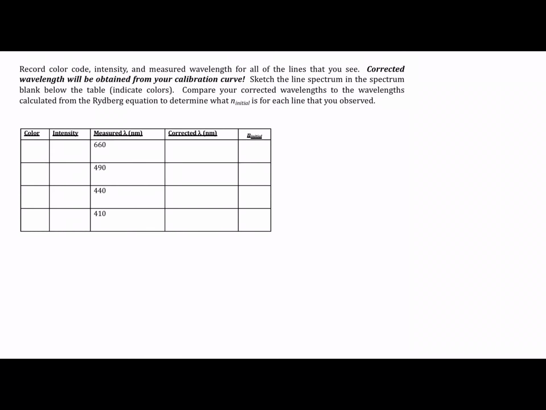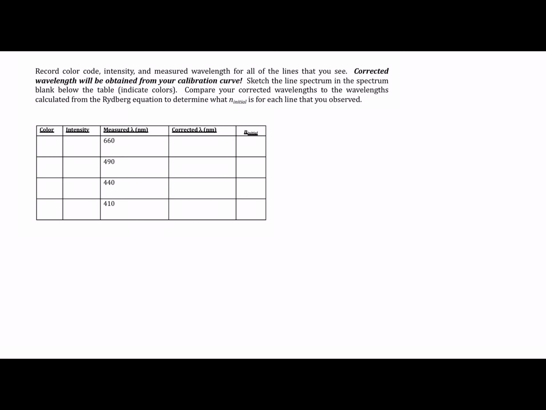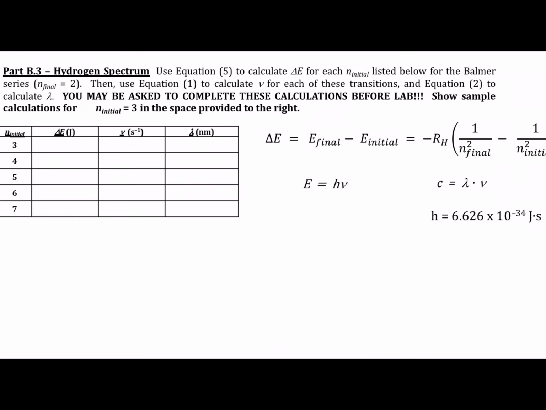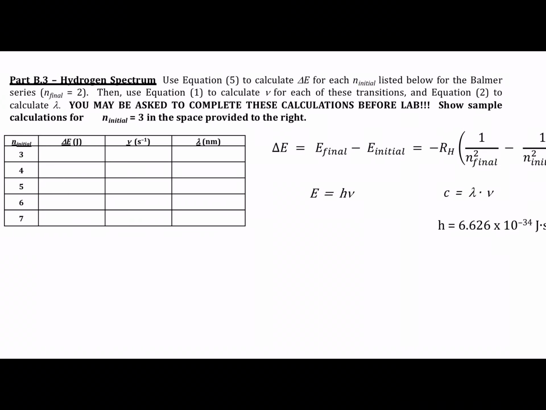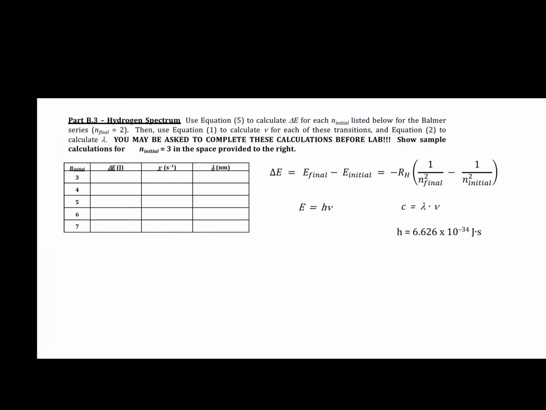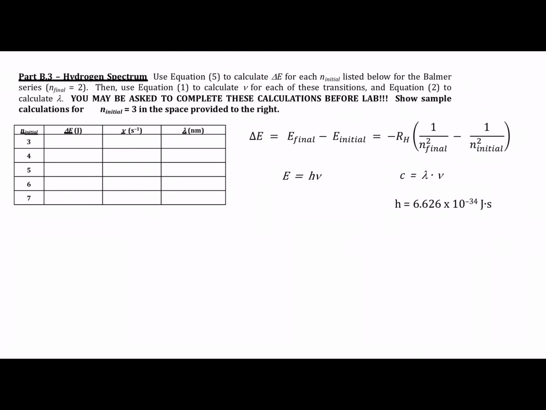Not this one, I'm missing some information here. Okay, right here. Great. So for the hydrogen spectrum, this is what I was looking for. Sorry about that. Hydrogen spectrum, use equation 5 to calculate delta E for each n initial listed below.